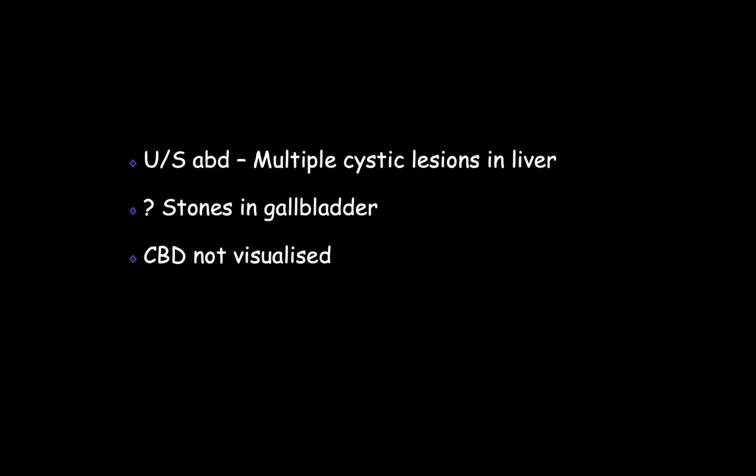And this individual had multiple cystic lesions in the liver at presentation, and a stone in the gallbladder, or at least it was thought there were stones in the gallbladder on ultrasound, but they weren't entirely sure. She did not have biliary dilatation, obviously, and the common bile duct was not visualized, which is not uncommon in the situation that we find here.